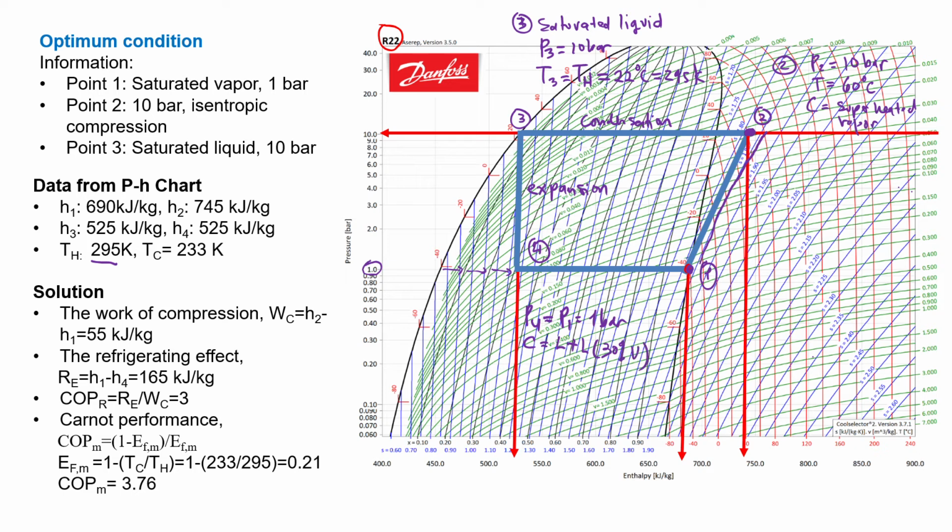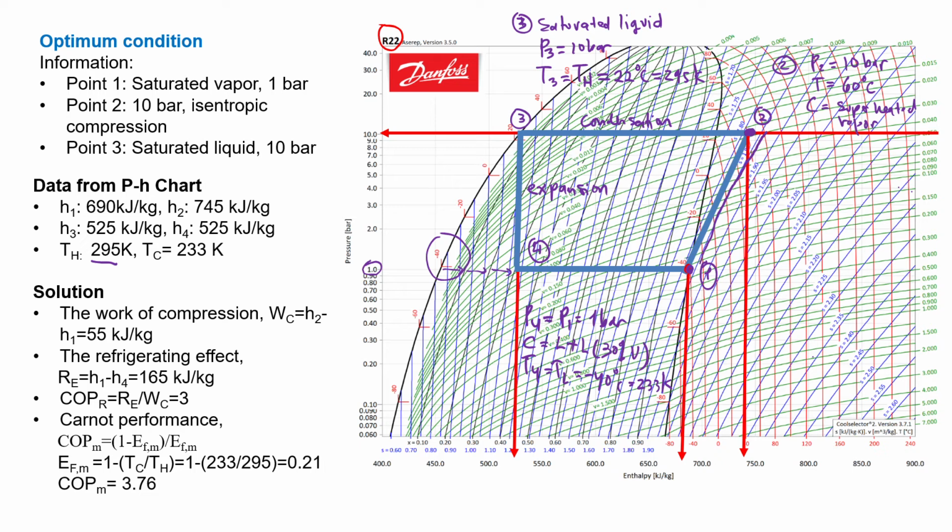If you ask what is the temperature, T4 equals TL, and you can see it very clearly there. The temperature is minus 40, so it's minus 40 degrees Celsius, equal to 233 Kelvin.